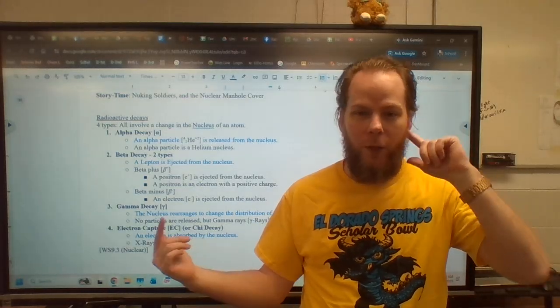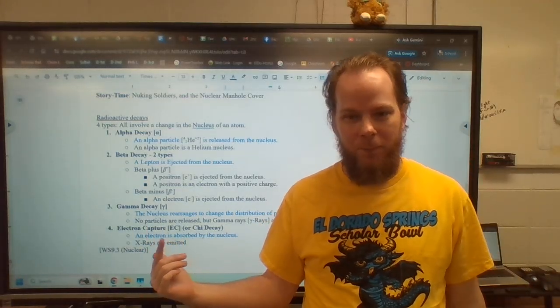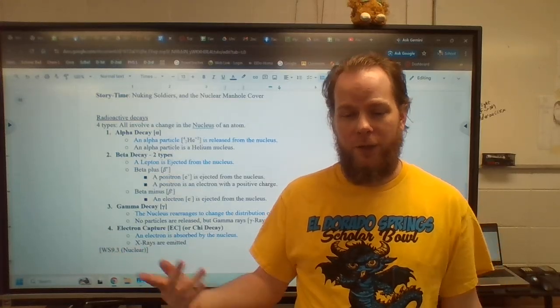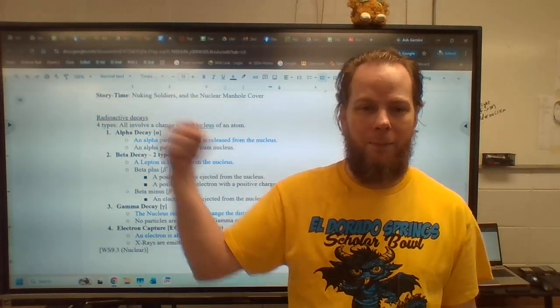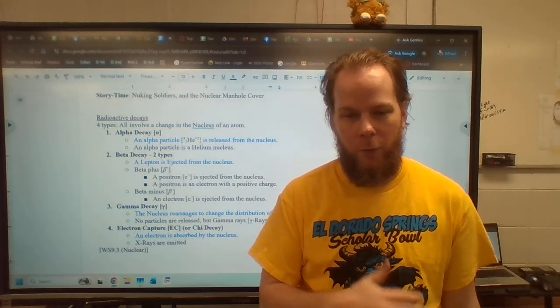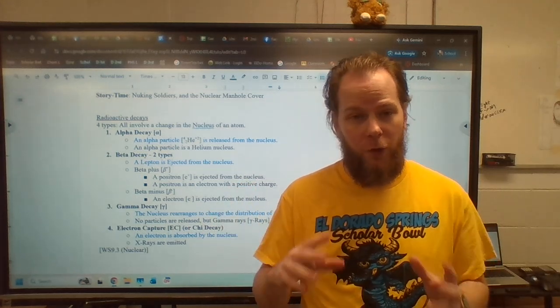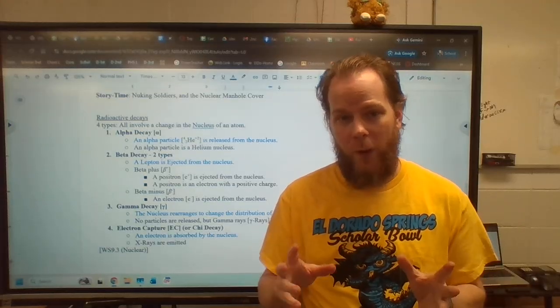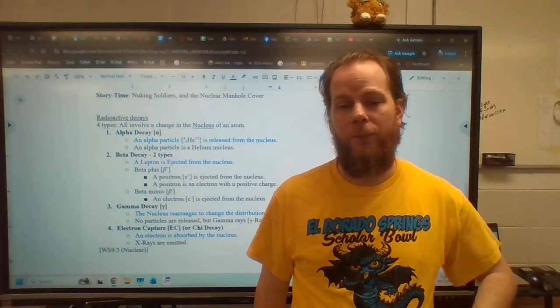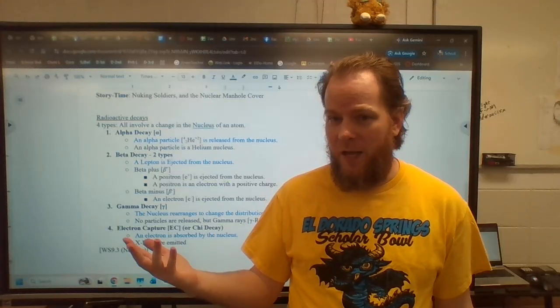And so instead of going with X decay, we just changed it to electron capture. So in electron capture, an electron is being grabbed by the nucleus, pulled in, and it does stuff that we're not going to worry about. And as a result of that process, an X-ray is emitted and shot out of the nucleus. And that's the last decay.